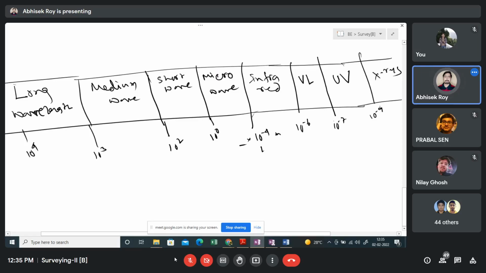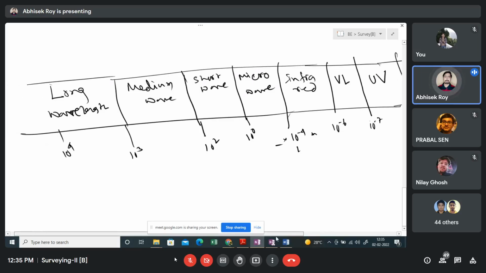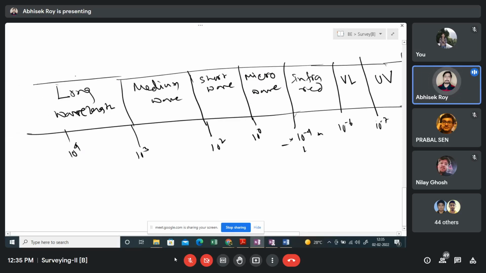And then there is X-rays. So these are the kinds of wavelength. You can differentiate in terms of hertz also. So majorly the EDM principle will depend on the types of wavelength, and majorly we will use modulated infrared rays, where the speed will be approximately 3 into 10 to the power 8 meter per second.